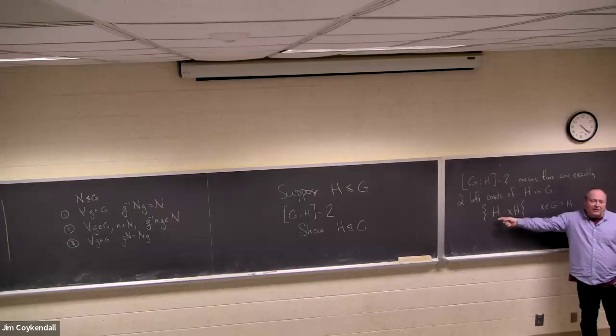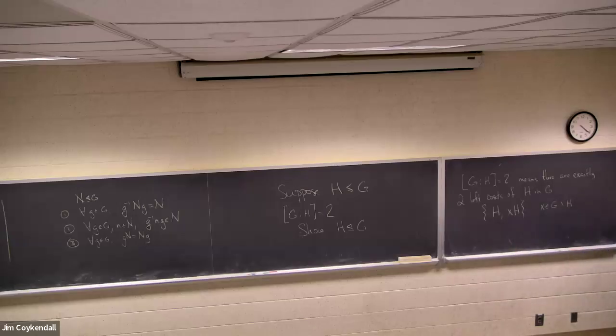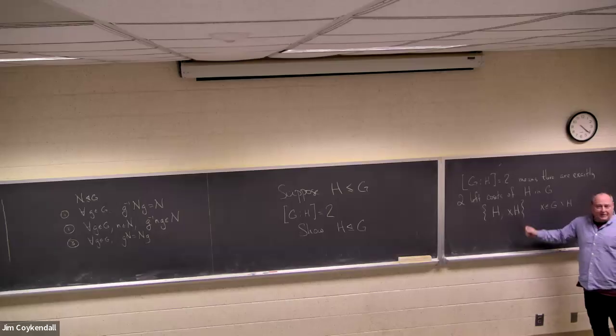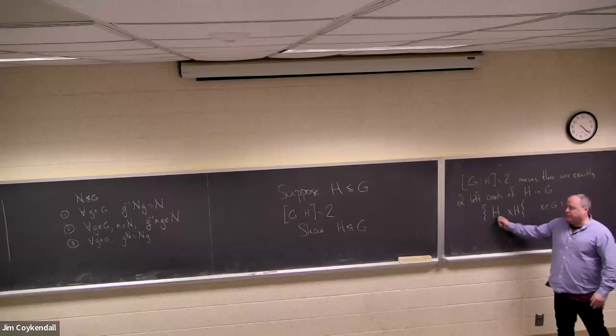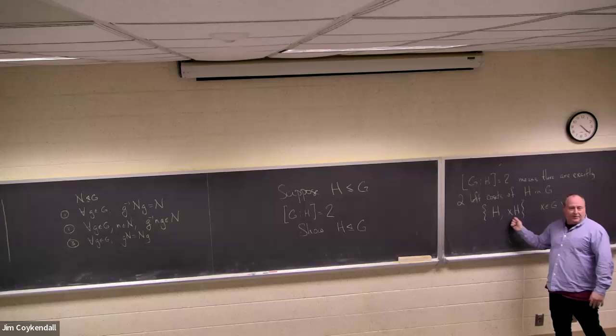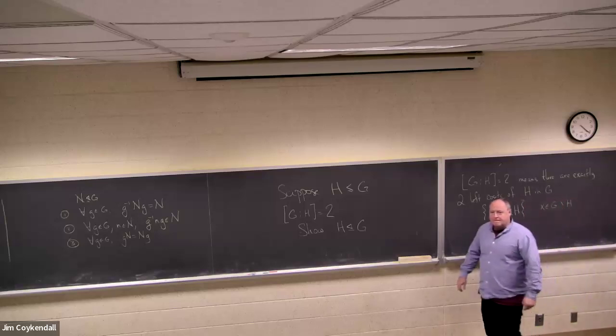Just pick anything that's not in H, and this will be the coset. Because remember, everything in G is in one of these 2 things. So if it isn't in here, it's in here. So anything that's not in H will do.